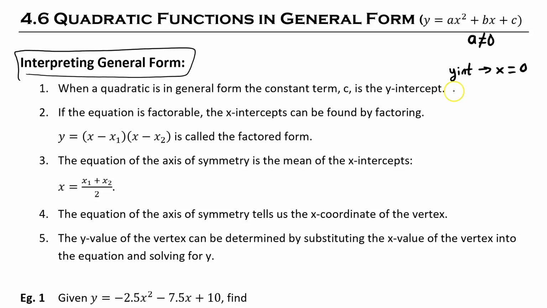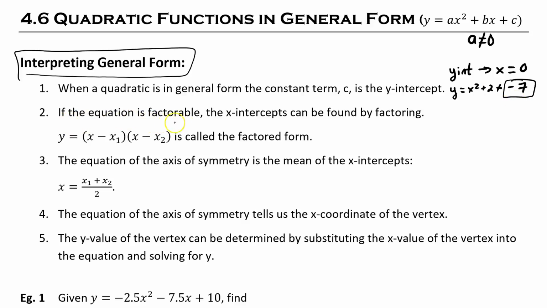So if I were to say y equals x squared plus 2x minus 7, I know that my y-intercept when x equals 0 is negative 7, because if I put in a 0 for x, x squared, 0 squared is 0. 2 times 0 is 0. So all that we're left over with is our negative 7. So that's just an example there.